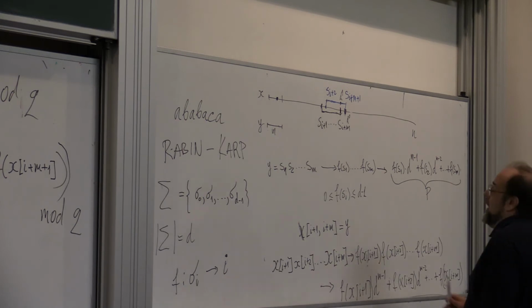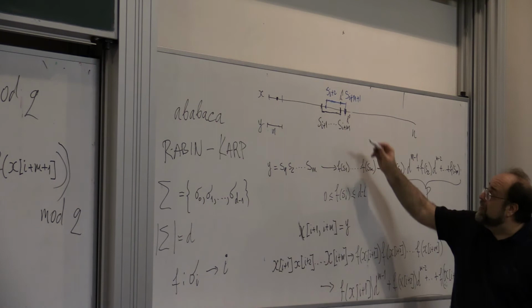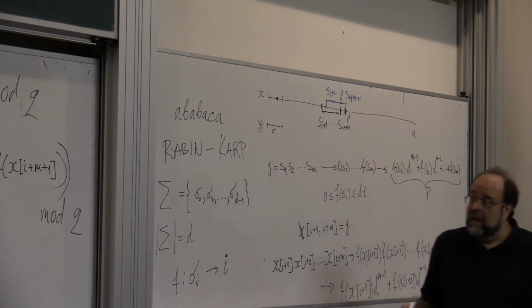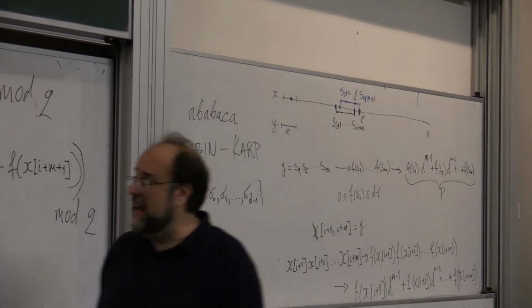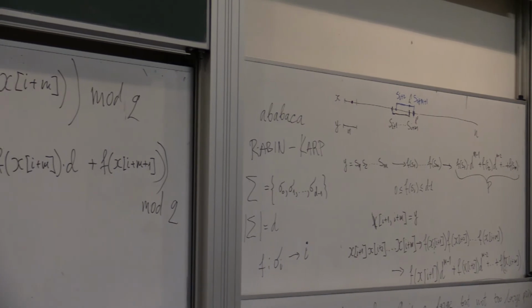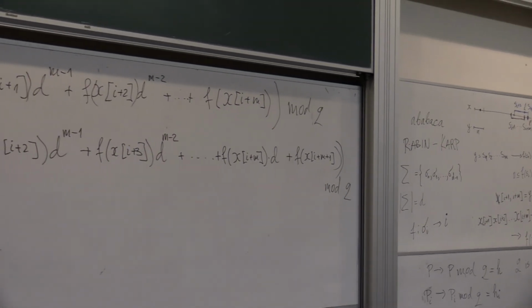If we have m digits, the largest power is m minus 1, and the smallest power is just d to the 0, right? Now, how can I efficiently get h i plus 1 from just h i?